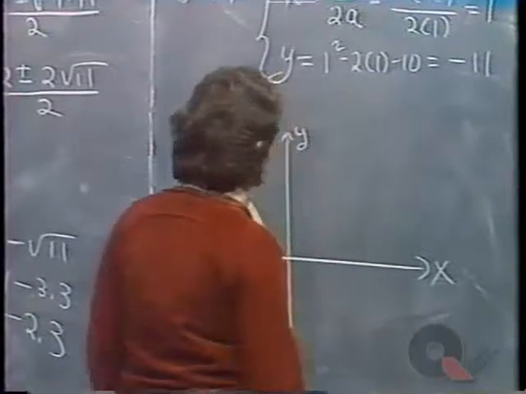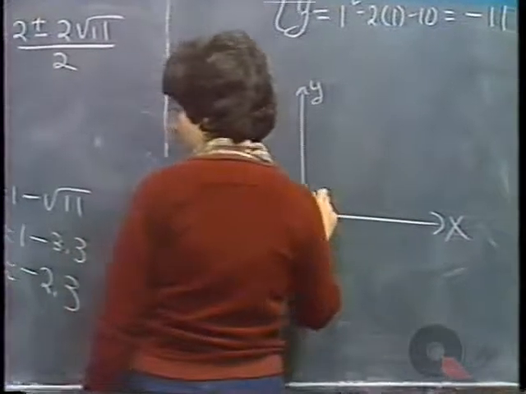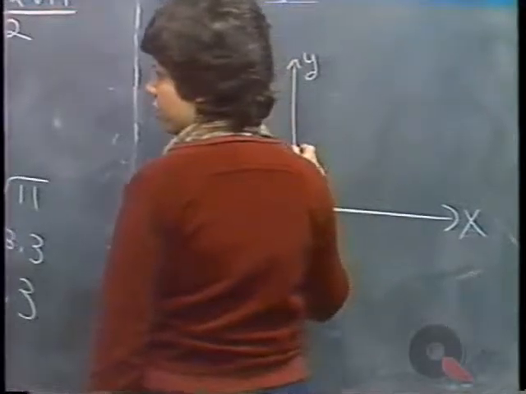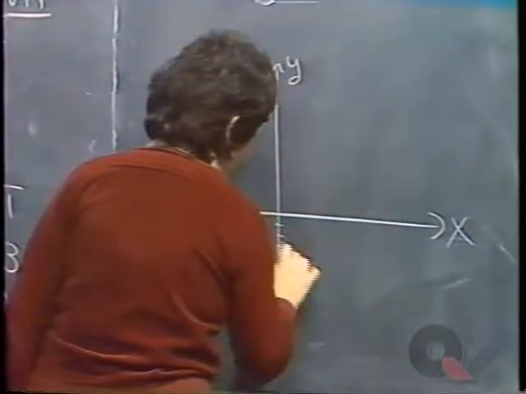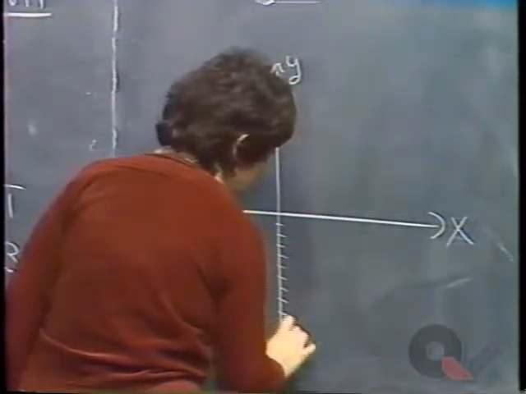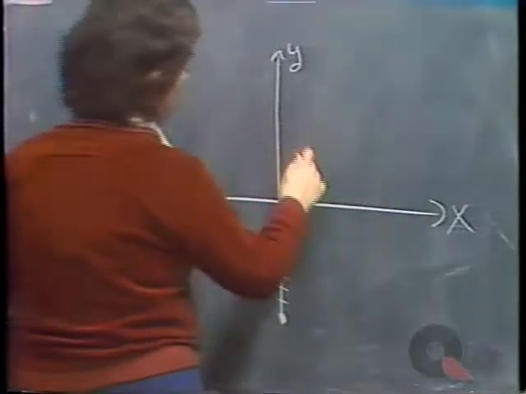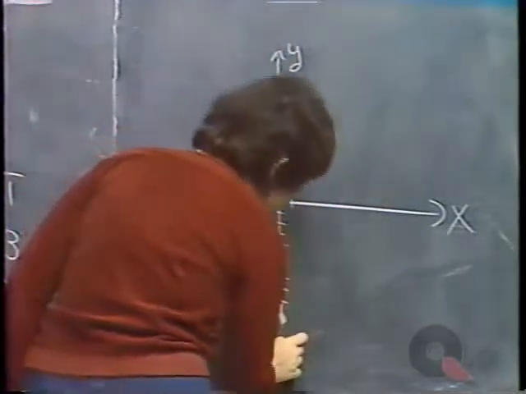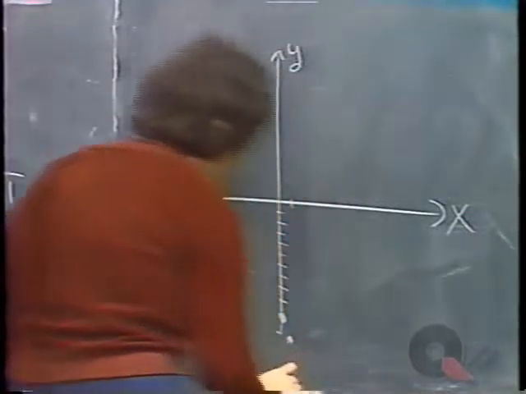We have a vertex at 1, minus 11. We have the y-intercept at minus 10. So 1, 2, 3, 4, 5, 6, 7, 8, 9, 10. 0, minus 10 is the y-intercept. 1, minus 11 is the vertex, the turning point.